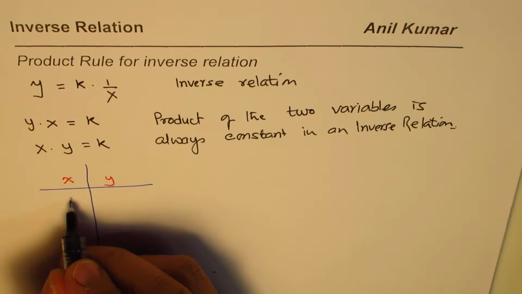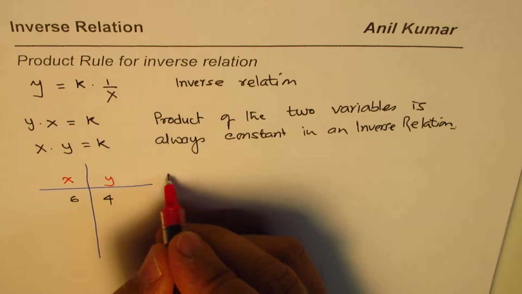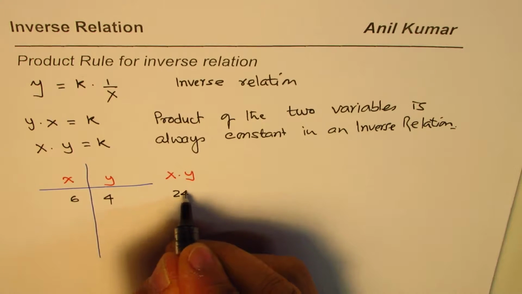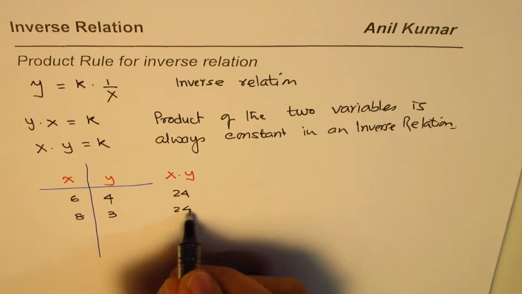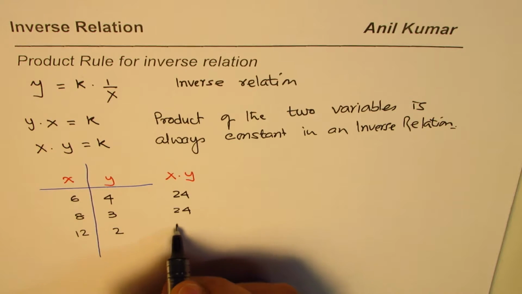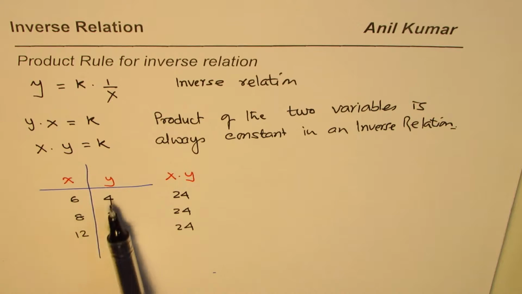For example, if I write 6 and 4, what is their product? x times y is 24. So if I write 8 and 3, which is also 24, and 12 and 2, which is also 24. Now the question is, are these values representing an inverse relation?